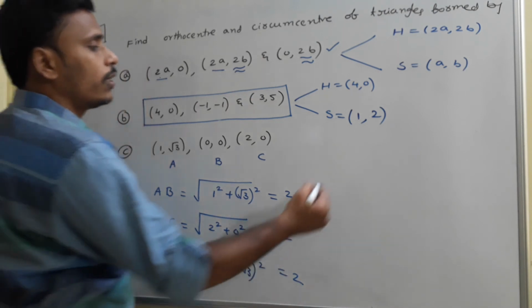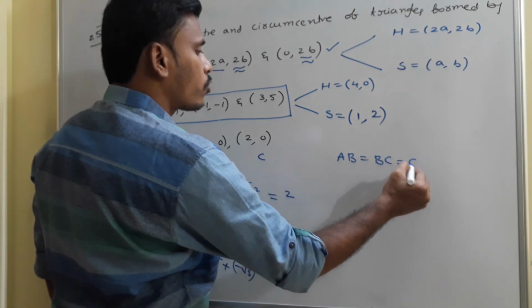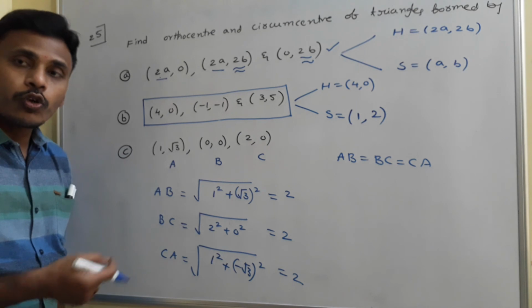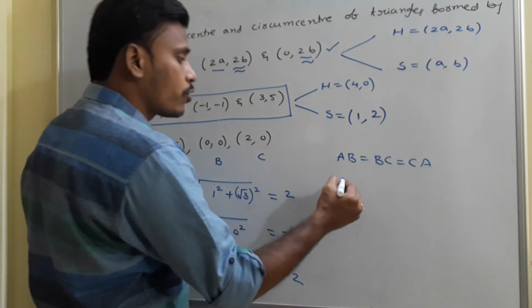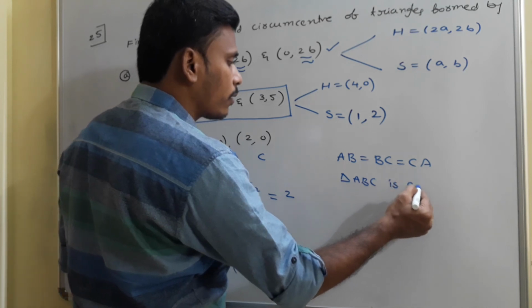So just observe here. AB is equal to BC is equal to CA. So AB equals BC equals CA concludes that triangle ABC is equilateral.